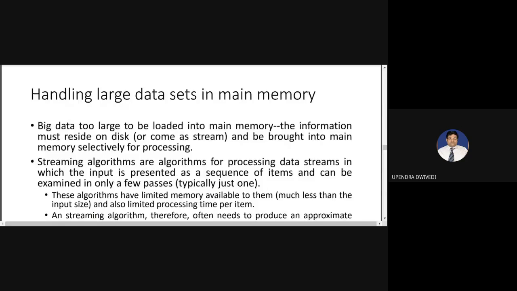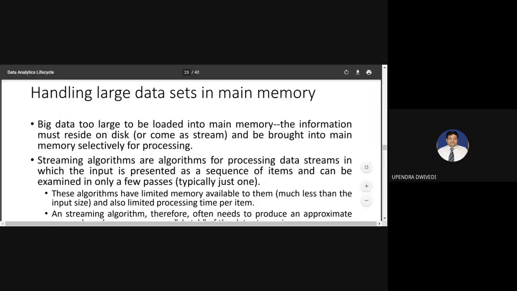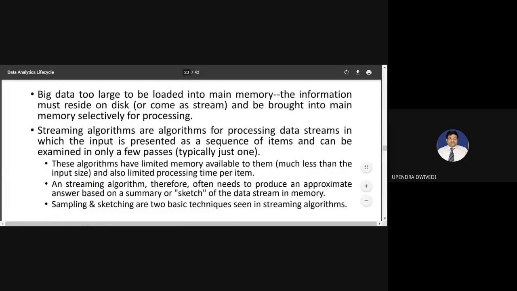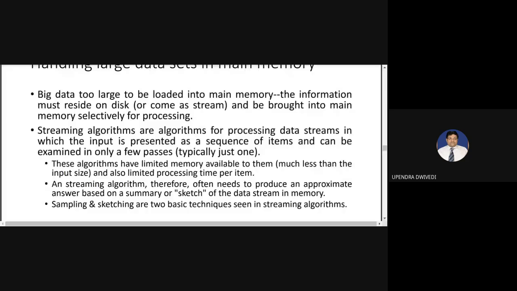Streaming algorithms are designed to process a data stream where the input is represented by a sequence of items. There is a certain restriction when working with streaming algorithms. First, they have only a few passes to process the information, because if you are getting a continuous stream of data, you don't have time to analyze the whole data again and again.